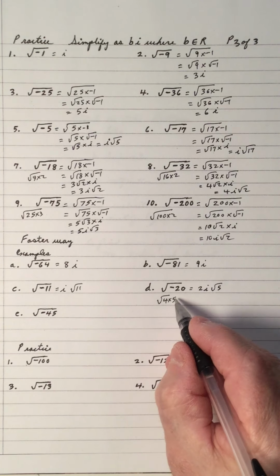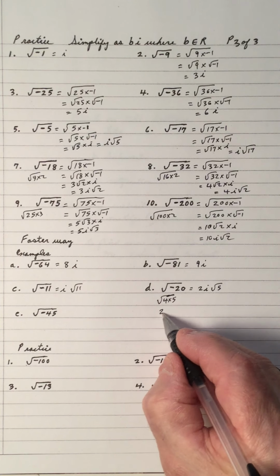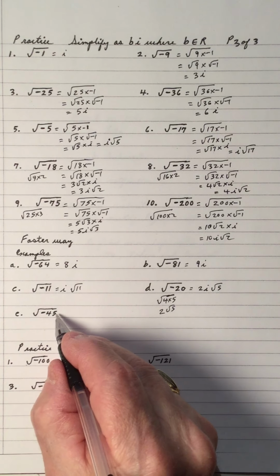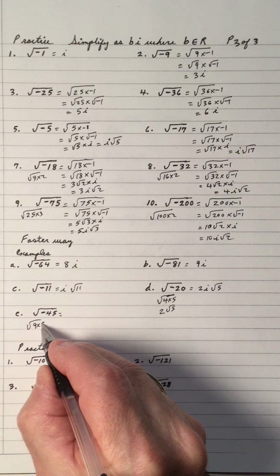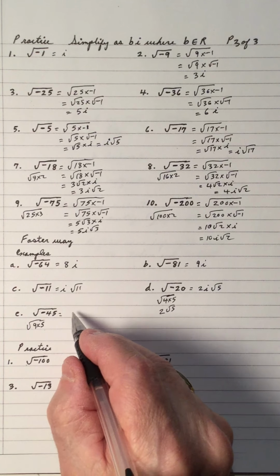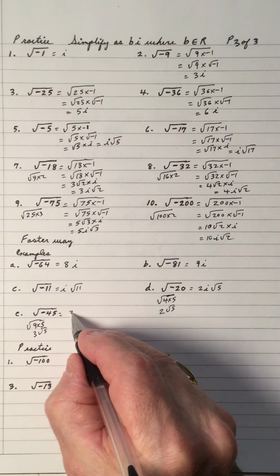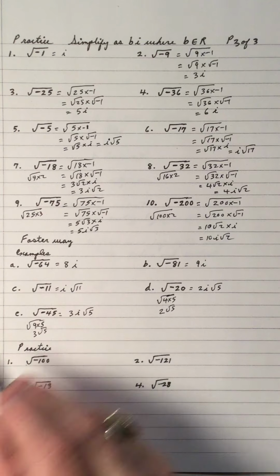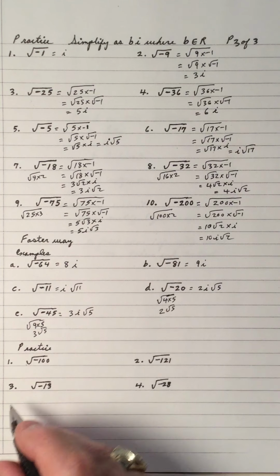Square root of negative 45: 45 is 9 times 5, and I have to have an i, so that's 3 root 5, so it's 3i root 5, because you get the square root of a negative number.